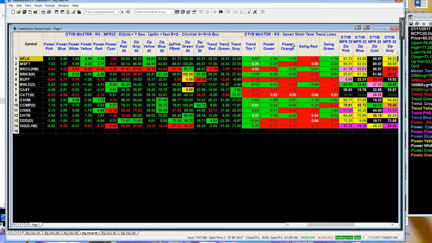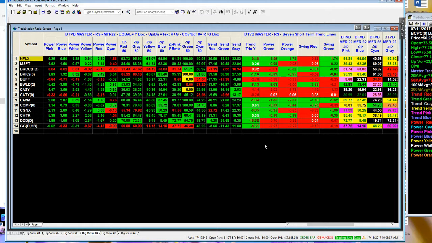And that way you can put in multiple indicators up to a total of 30 in the system. And with the red box on the 7 short-term trend lines, the red box indicates the particular indicator line is down, and the particular indicator line is up when you have a green box.